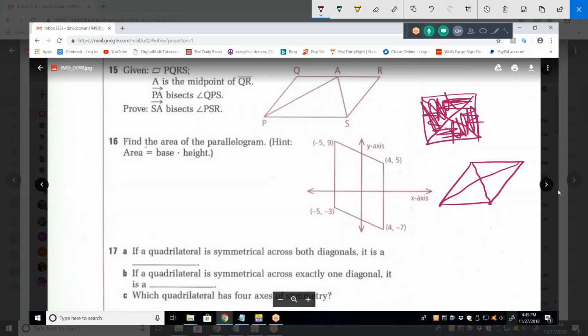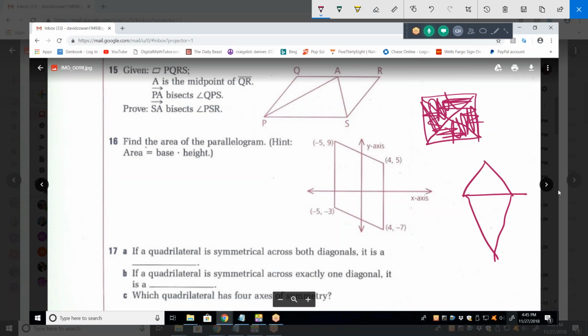Does it have to be a rhombus? Can it be a diamond? I mean, a kite? I don't think it can be a kite. Well, no, you're right.